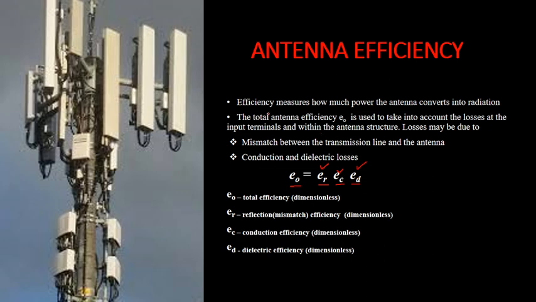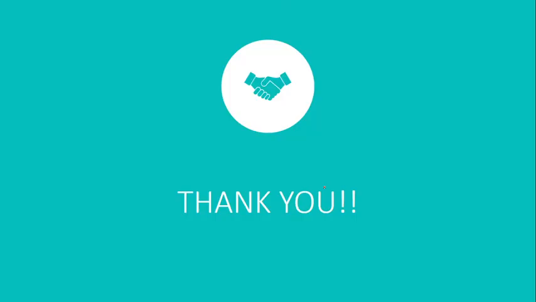That is what we call the antenna efficiency. There is no 100% efficiency, there are certain losses, and these are the factors that contribute to losses in the antenna. So these are the few important parameters of antenna that we saw. We saw the beam solid angle, directivity, beam efficiency, radiation intensity, and gain, and finally the antenna efficiency. Thank you.